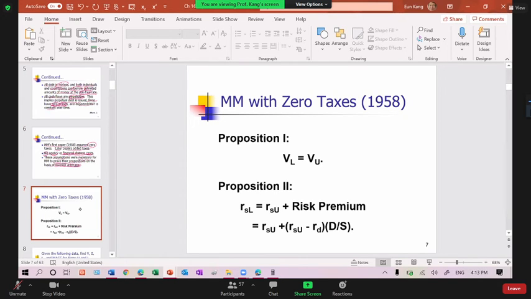MM with zero taxes. First proposition is VL equals VU. That is, whether they borrow money or not doesn't matter. They have the same value.